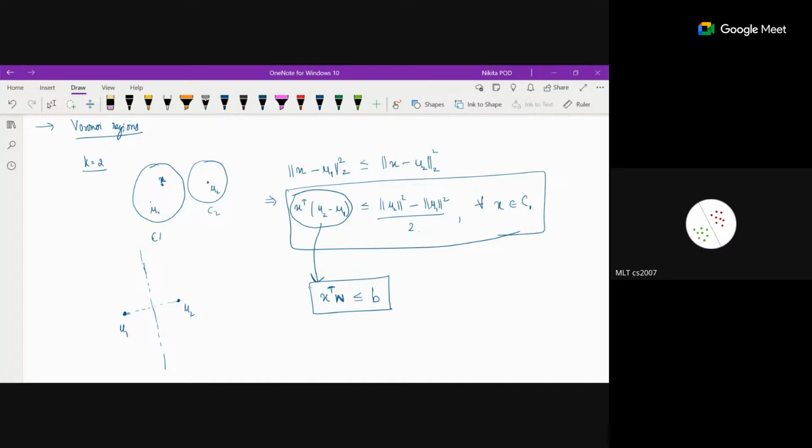All right, this is the perpendicular bisector. Whatever is on this side of the hyperplane will belong to cluster 2, and whatever point you have on the opposite side will belong to cluster 1.